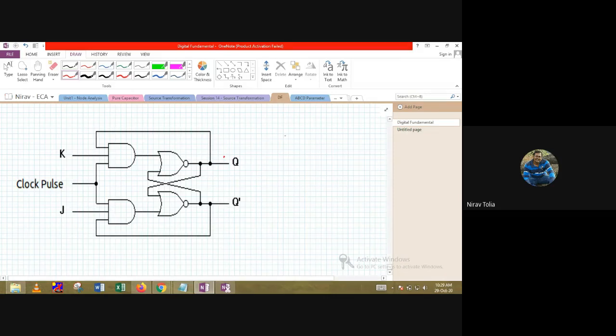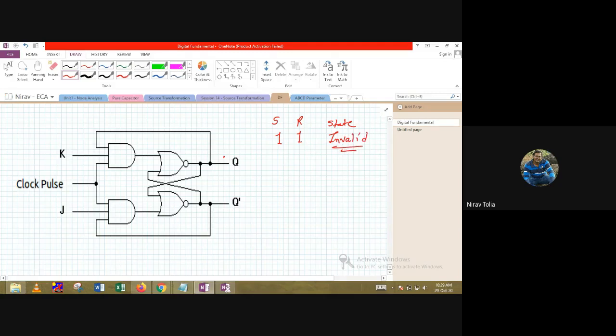If you remember the D flip flop and SR flip flop, focus on the SR flip flop only. When my S and R are 1 1, my state is an invalid state.